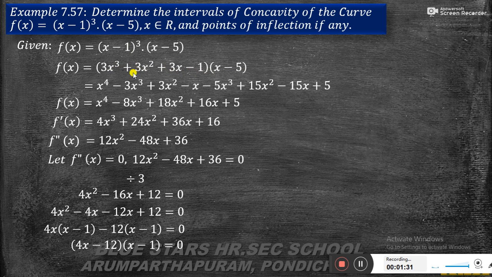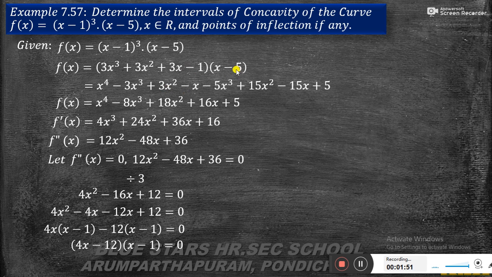The next step, we multiply x with this factor: x into x cube is x power 4, minus 3x square into x is minus 3x cube, plus 3x into x is plus 3x square, minus x.